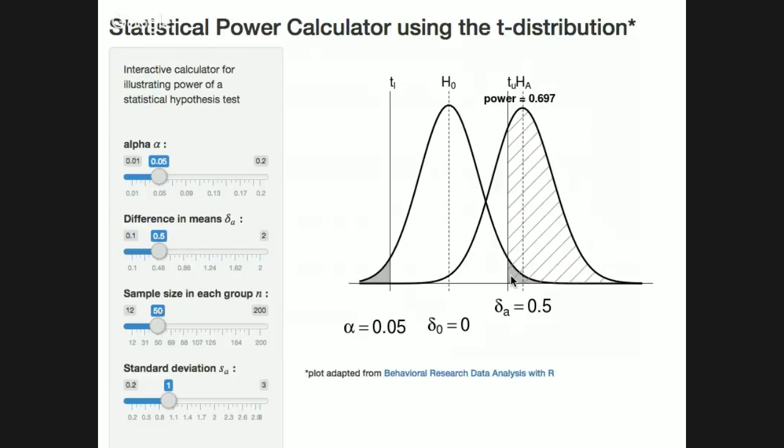If we're doing alpha equals 0.05, this would be 1.96, a value of the z-statistic of 1.96. Then our power analysis is the probability of getting a z-statistic more extreme than 1.96, assuming that the alternative hypothesis is true.